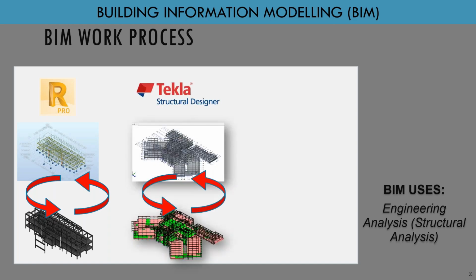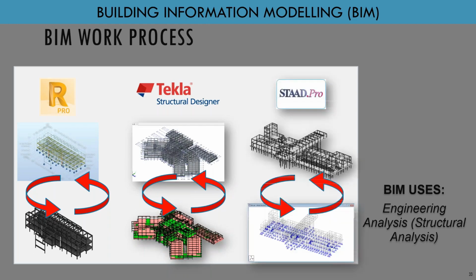Same goes to TSD, same goes to STAAD.Pro, and same goes to Tekla Structures. A lot of software right now has this capability to export to BIM software, but you need to upgrade to the latest version.